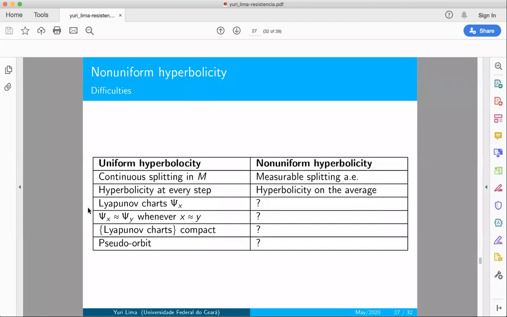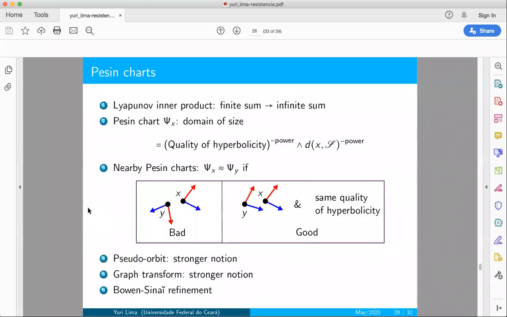And some of these questions can be solved considering Pesin theory, which provides exactly the charts, the substitutes for Lyapunov charts that allow us to see the dynamics as a small perturbation of a hyperbolic matrix. And to define them, we change the definition of Lyapunov inner product, which was previously a finite sum, to actually an infinite sum.